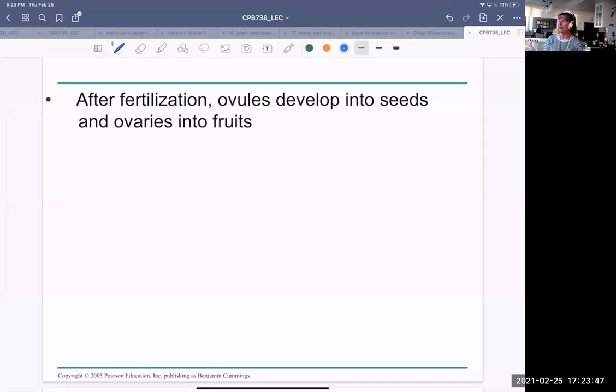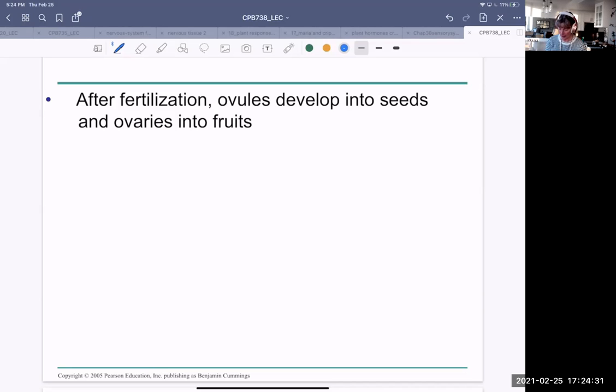The male also at the end of meiosis and mitosis produces a generative cell and a tube cell, and the female produces, the megaspore produces antipodal cells, 2 polar nuclei, 1 egg, and 2 synergistic cells that will direct the tube to the ovary when the pollen tube starts to grow down the style.